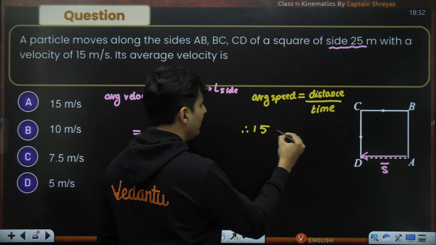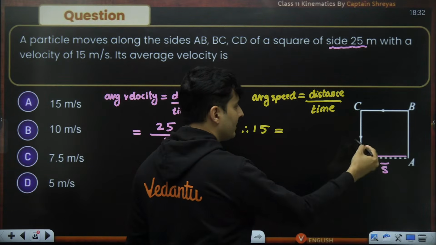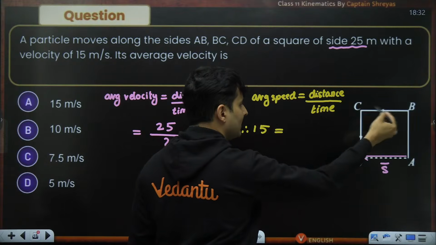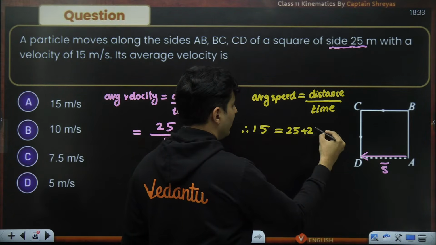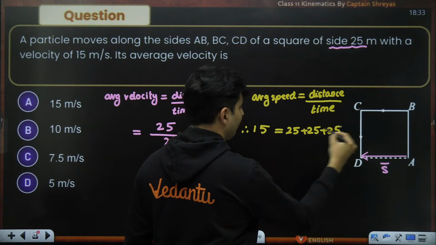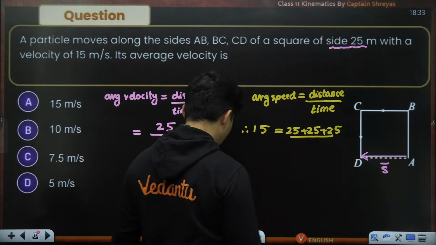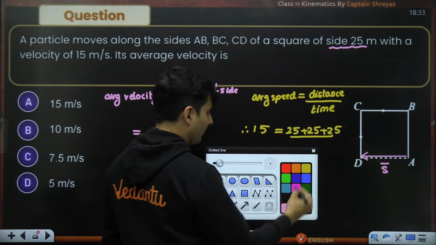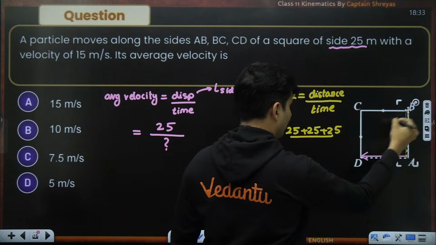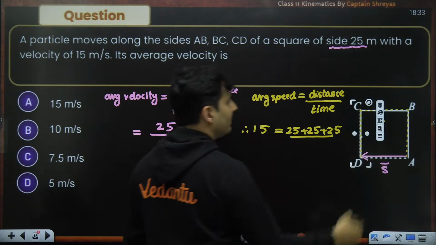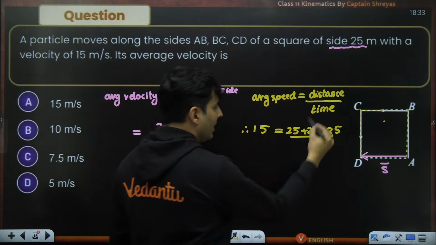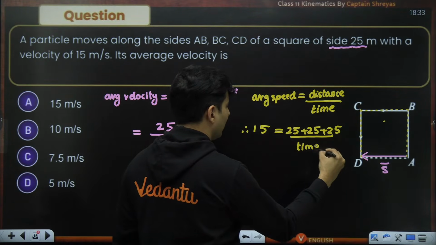How much is the distance? This side, this side, and this side, so it will be 25 plus 25 plus 25. That's the total distance you have traveled, and the time taken is exactly what I don't know.